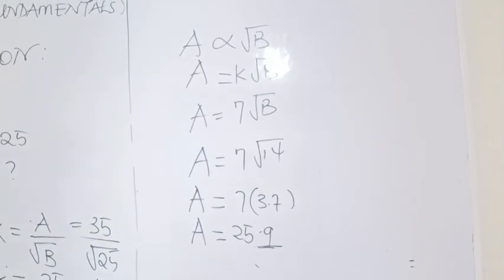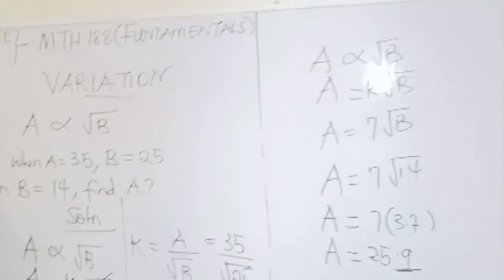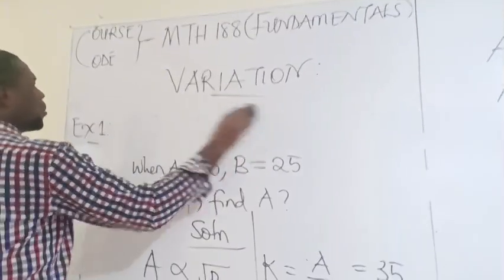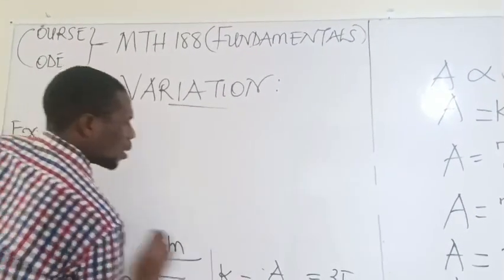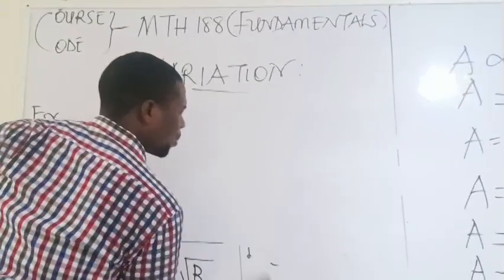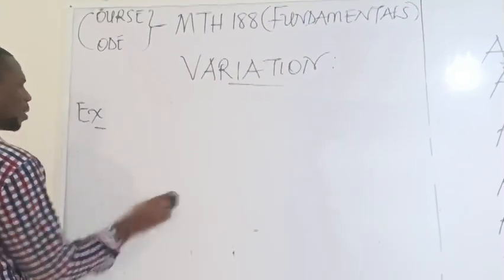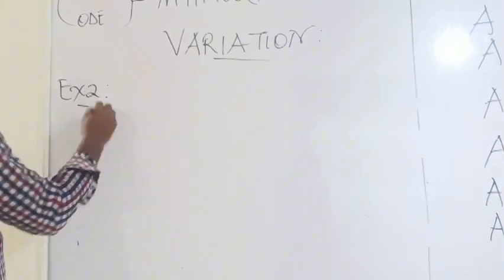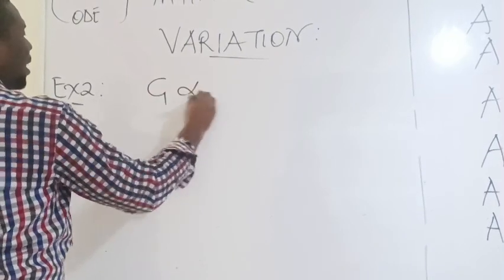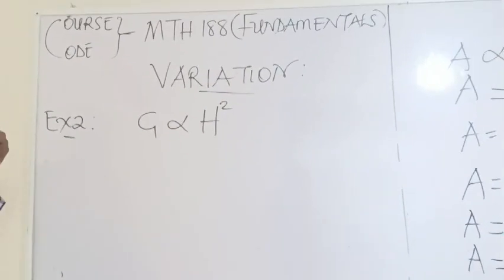All right, the second question, can I rub this off? The second question, that's example 2 in direct variation, would be, let's take for example that I have two quantities, let's say G and H. So let's say, example 2, quantity G varies directly as the square of H, for example, right?